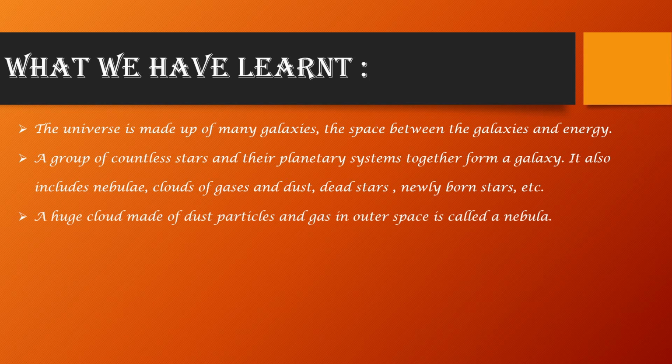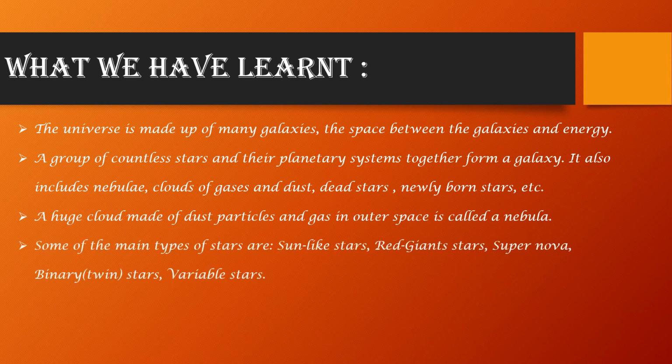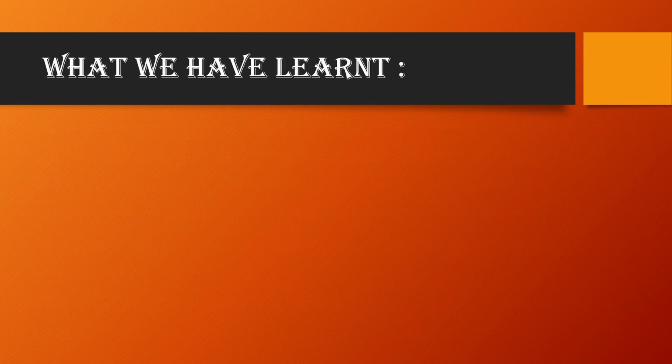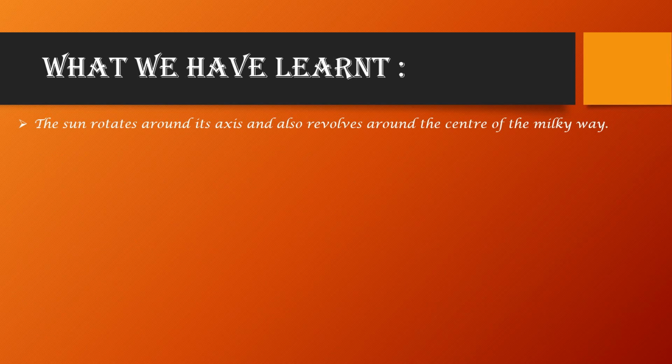Some of the main types of stars are sun-like stars, red giant stars, supernova, binary twin stars, and variable stars. And the solar system consists of the Sun, the planets, the dwarf planet, satellites of planets, asteroids, comets, and meteors. Then we also studied that the Sun rotates around its axis and also revolves around the center of the Milky Way.